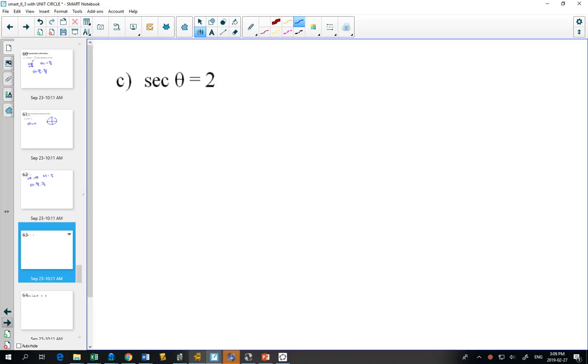If you have a question with one of your reciprocal trig functions, solving secant theta equals 2 is the same as solving cos of theta equals 1 over 2. Is 1 over 2 on your pie plate? Yes. What family is cos equal to 1 over 2?